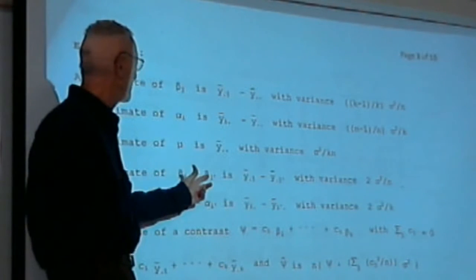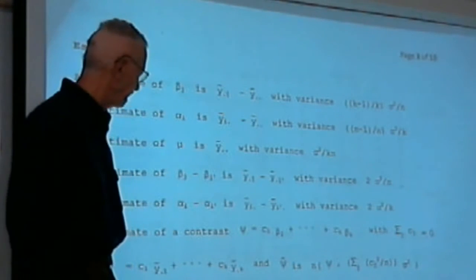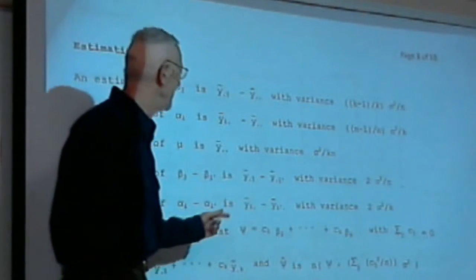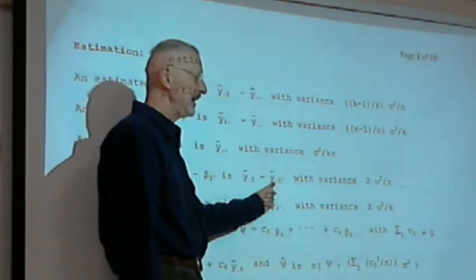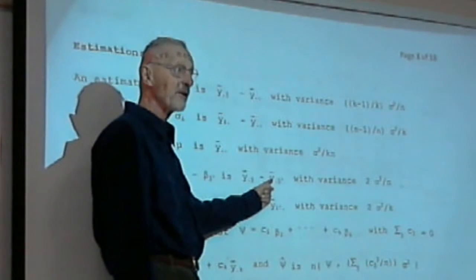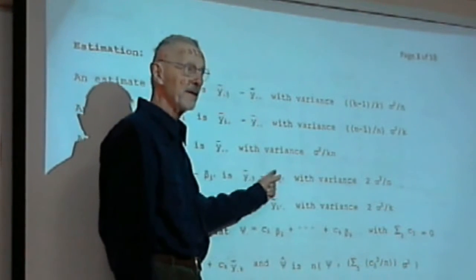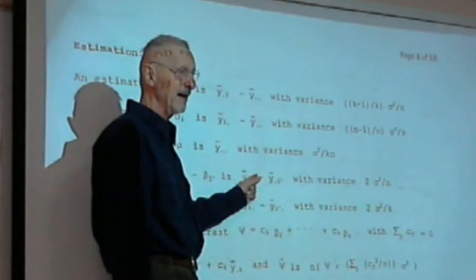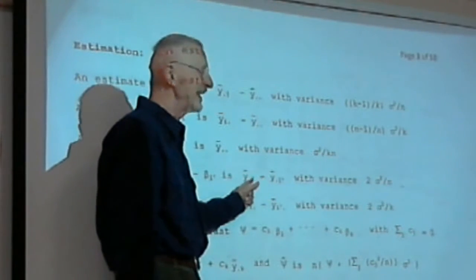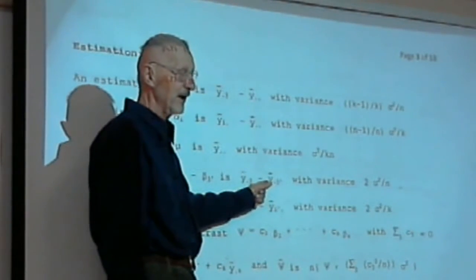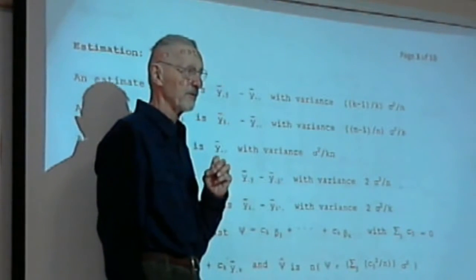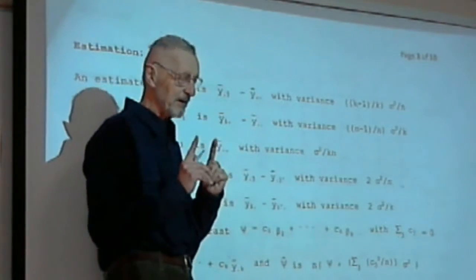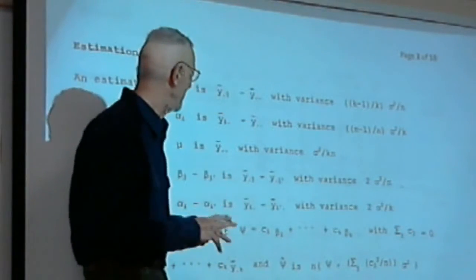What's the variance of this kind of thing? This is easy. This is the mean of the data in the j's column. This is the mean of the data in the other column. Those are independent, so I have a difference between two independent random variables. The variance of such a difference is simply the sum of the two variances. Now remember, there are coefficients here.